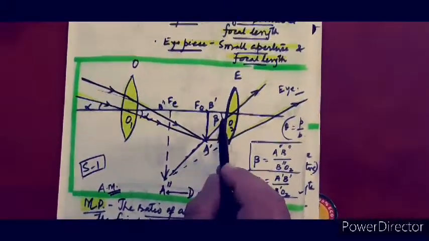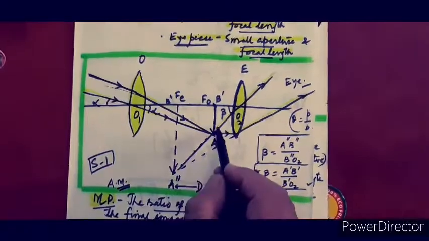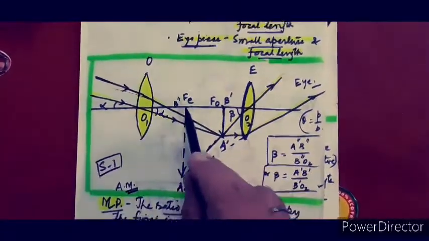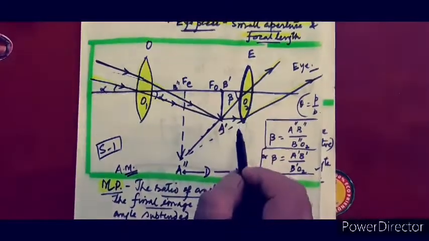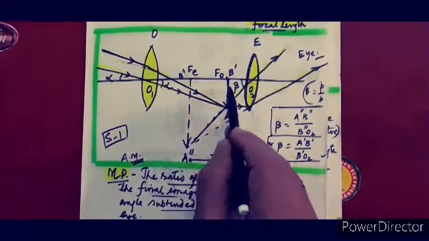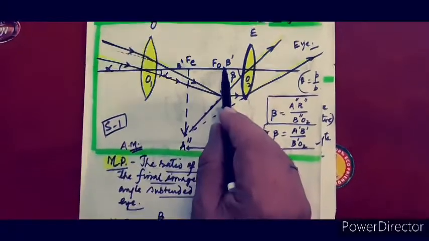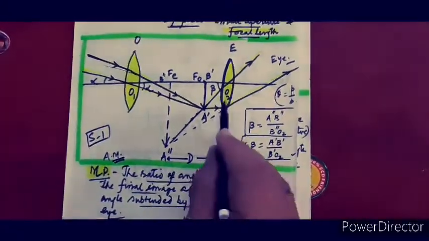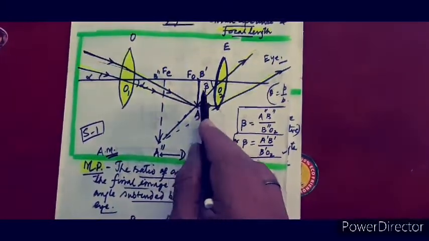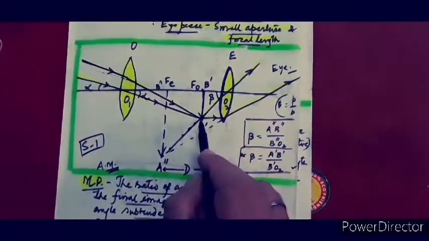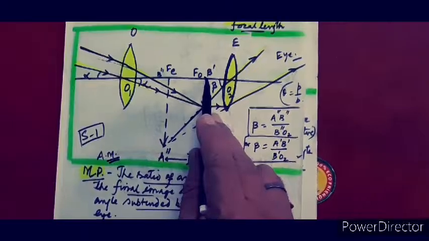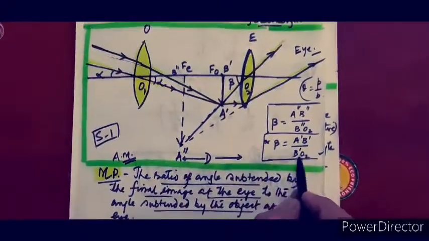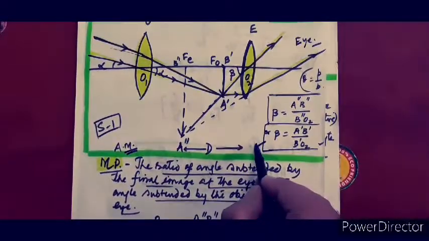So beta is equal to either A double dash B double dash by B double dash O2, or A dash B dash by B dash O2. This we have to use.